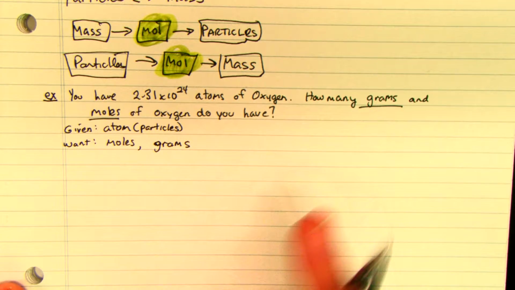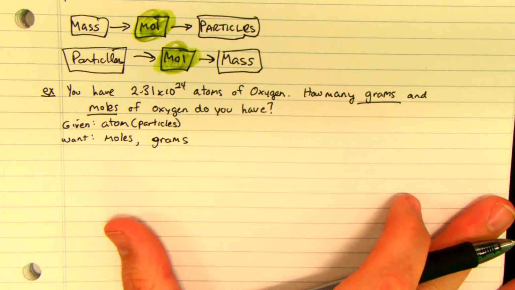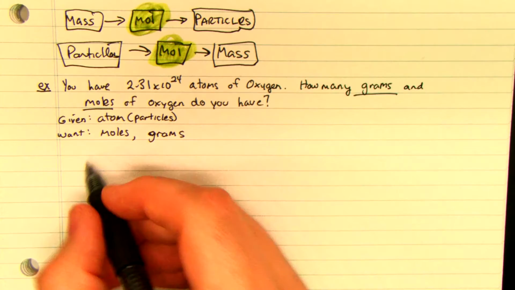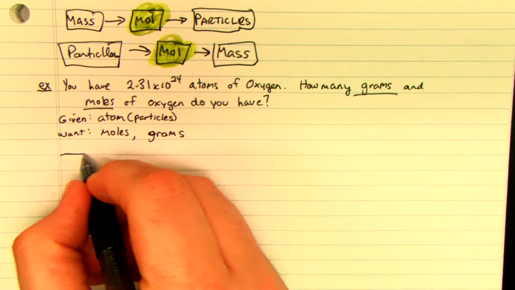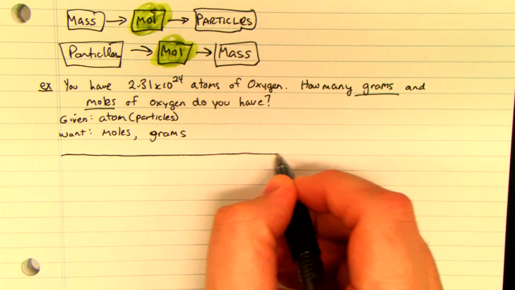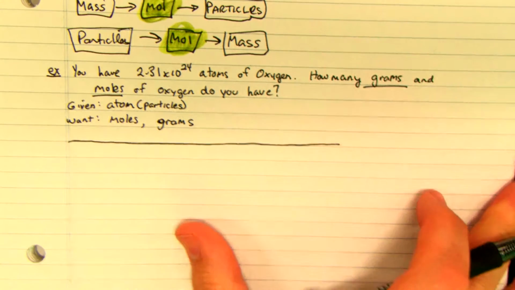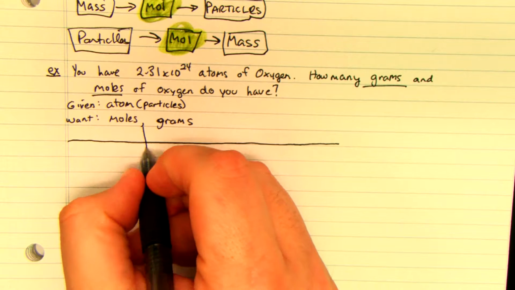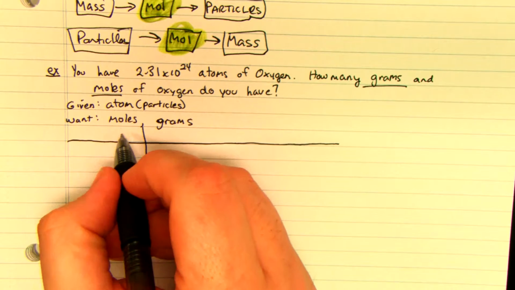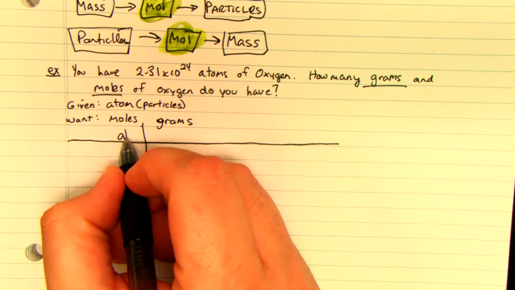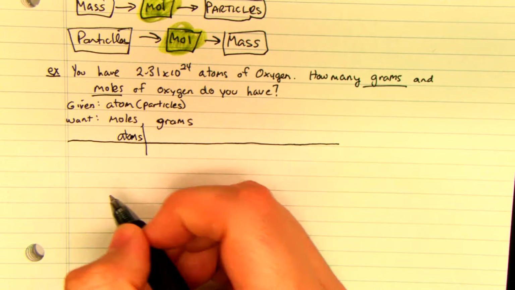Now, here's the unit analysis. I'm going to draw it out a little bit because I'm going to end up putting the numbers in here. What are we given? We're given atoms.